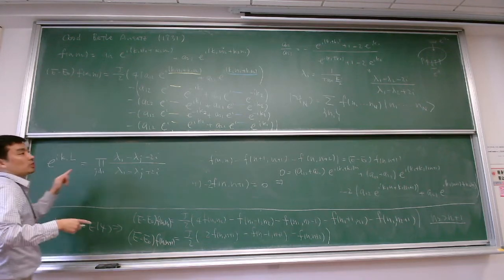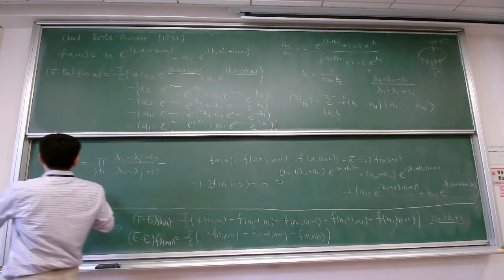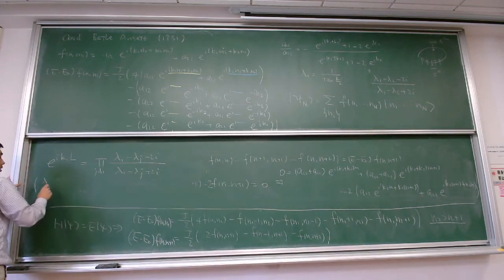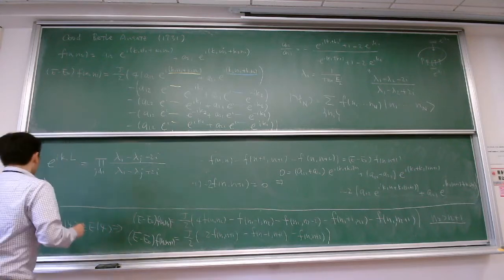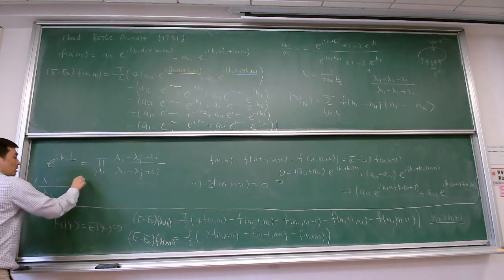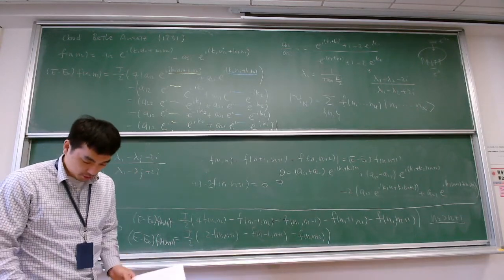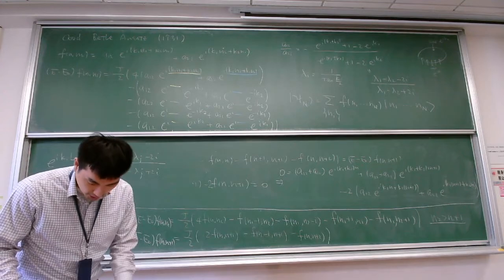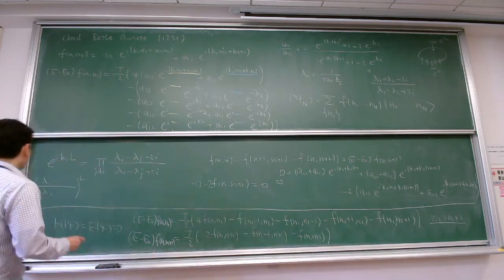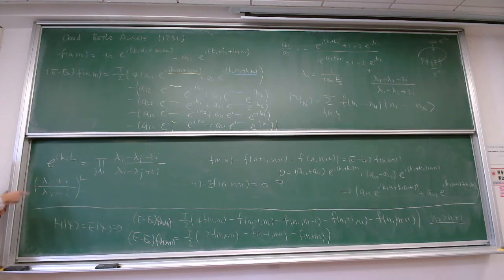In fact, if you use the relation between lambda and k i, this can be written as (lambda i plus i over lambda i minus i) to the L. Of course, this i is not the same as this i; this is the imaginary number.